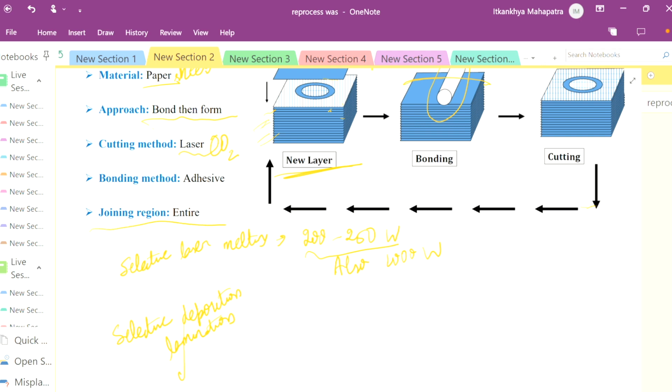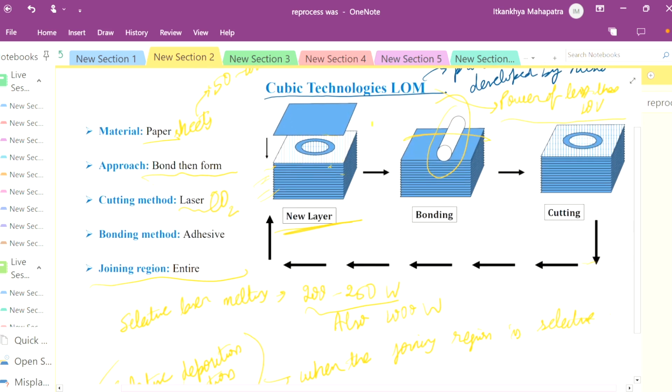Lamination. This is when the joining area is selective. And this coating is adhesive.